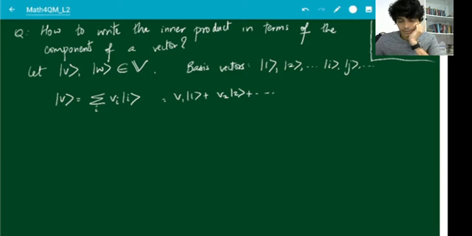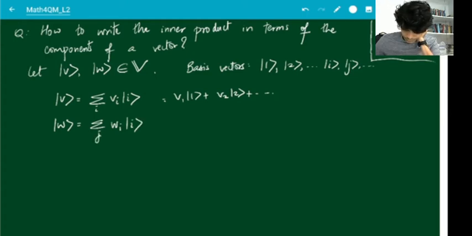And similarly, W also I can write in this fashion. So W also has its own components. I'm going to put the index j for this, summation over j. So i and j both go from 1 to n, n being the dimension of the space.